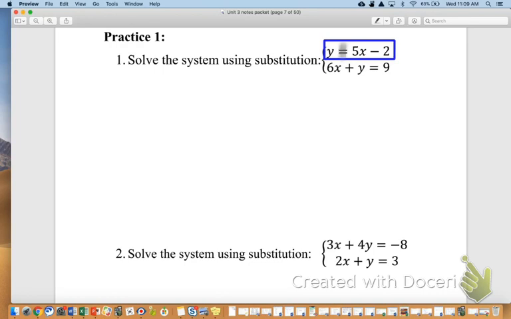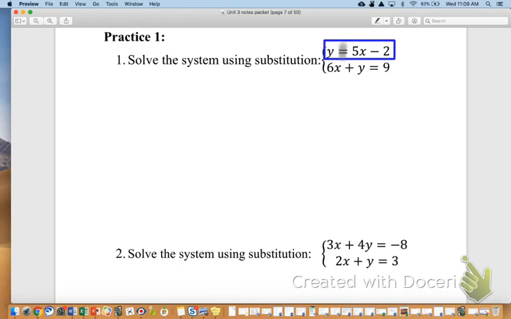So here's what that means. That means that the y has the exact same value as 5x minus 2. Isn't that what that little symbol means, the equal sign? That means that the y and the 5x minus 2 have the same value.